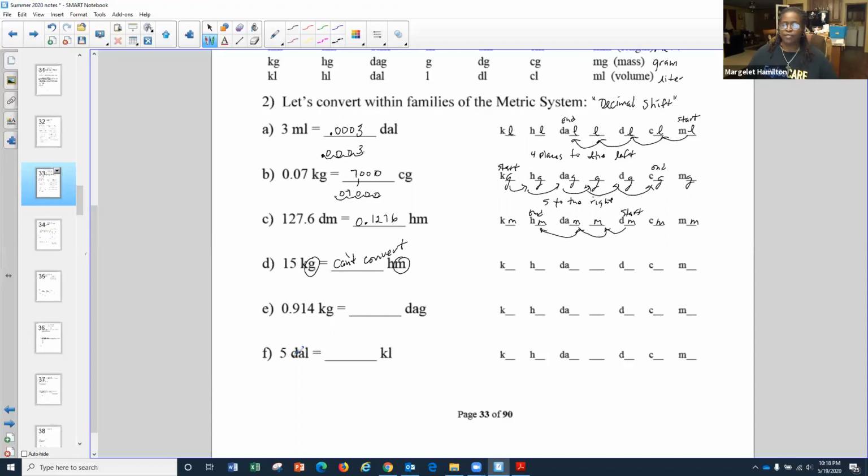So we can't convert, okay? Can't convert it. Make sure you're paying attention. Different family, right? E, we're using grams.